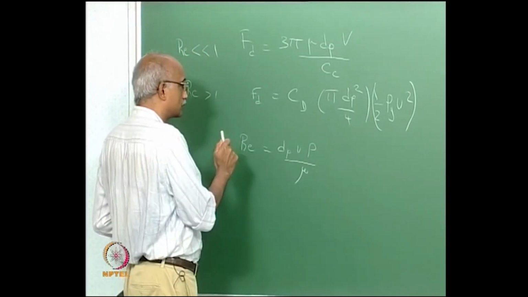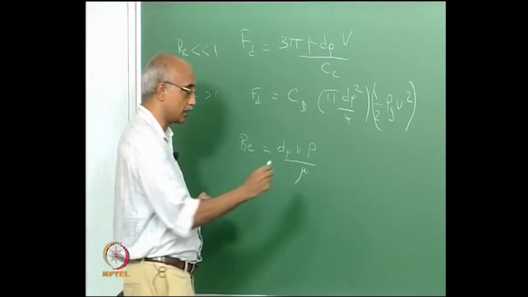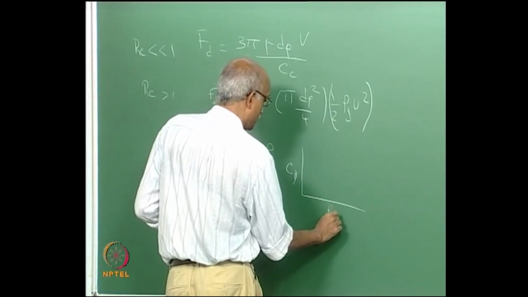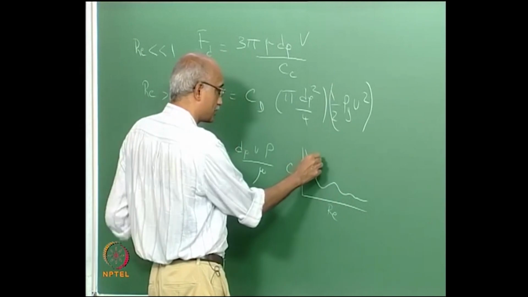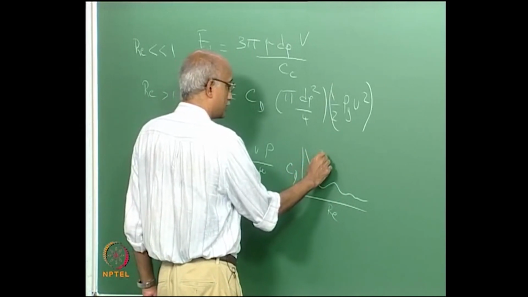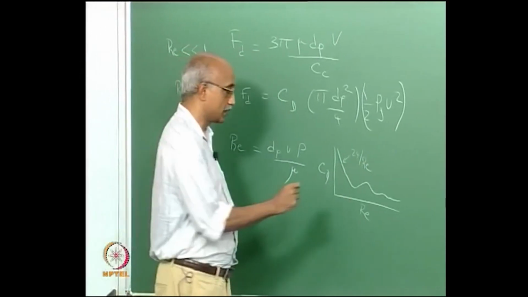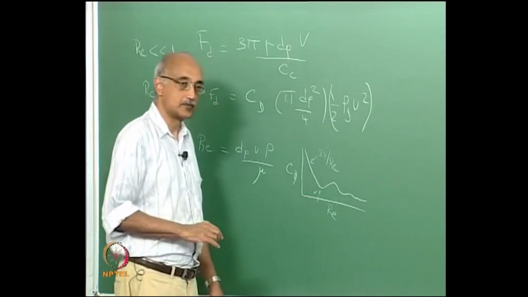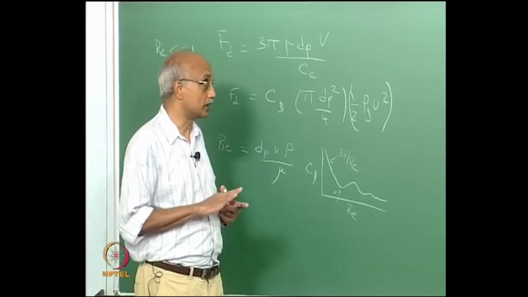The Reynolds number versus the drag coefficient relationship can be expressed as CD versus Re, where initially there is a steep drop with respect to the Reynolds number with a slope that is expressed as 24 over Re, and then for Reynolds numbers exceeding 0.1, essentially the drag coefficient reaches an asymptotic value.